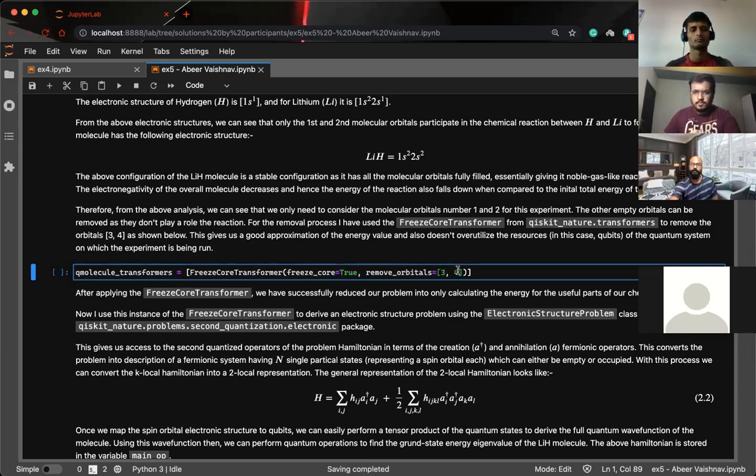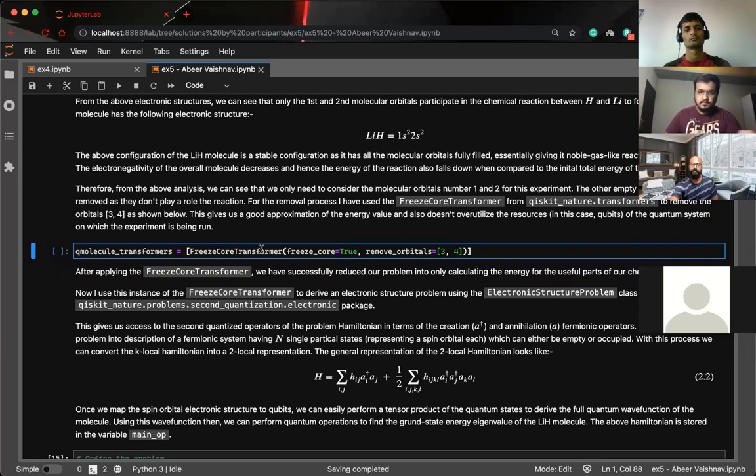And mostly, if we remove the orbitals till 4, that is more than enough, because as the orbital number increases, the effect of that particular orbital on the energy decreases. In this particular example, I have removed orbitals 3 and 4, and this is known as the freeze core transformer. That means it freezes those particular orbitals because they are essentially empty.